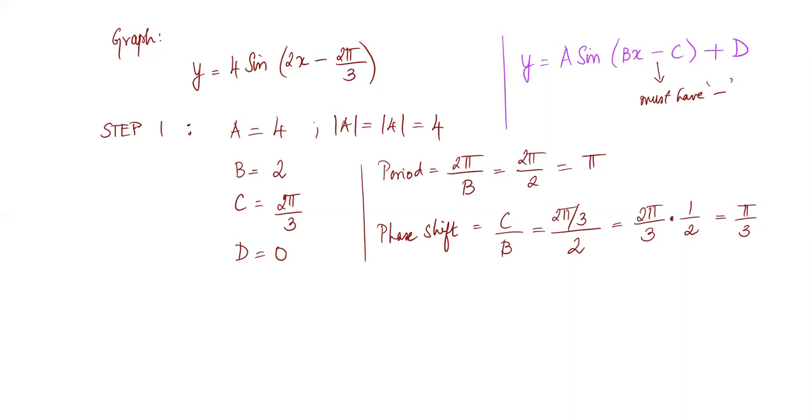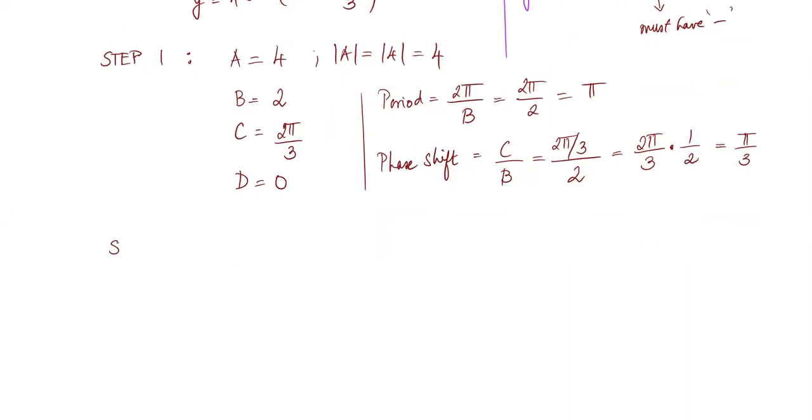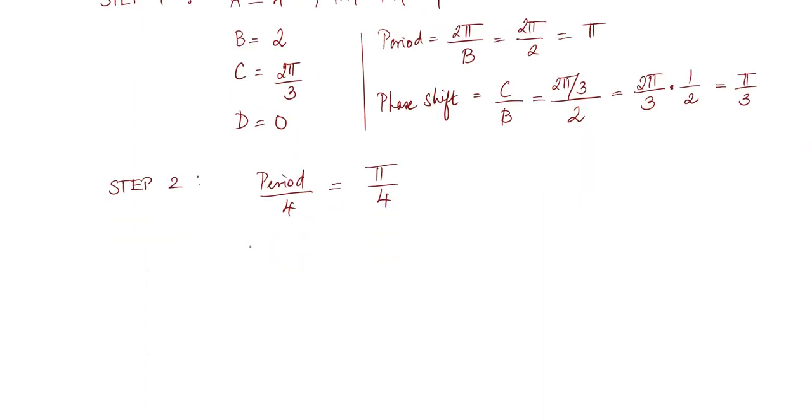Okay, we got that. Then we have step 2. Step 2 is period over 4 first. The period is pi over 4, very similar to the previous one. However, your x1 is your phase shift. And in this case, we do have a phase shift. So the cycle starts at pi over 3.